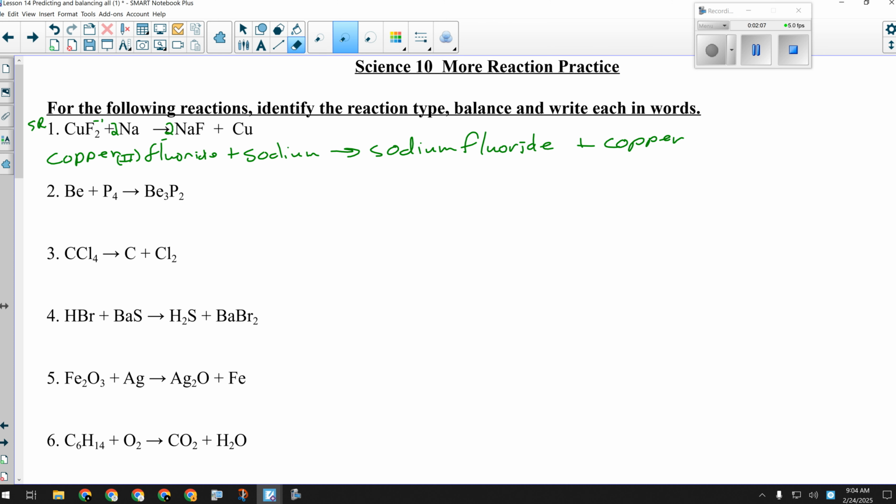All right, so I've got beryllium. Okay, we'll start writing it out in words here. Beryllium, an element, in this case a metal, and it's reacting with another element, phosphorus. Okay, and that is going to produce beryllium phosphide, an ionic compound.